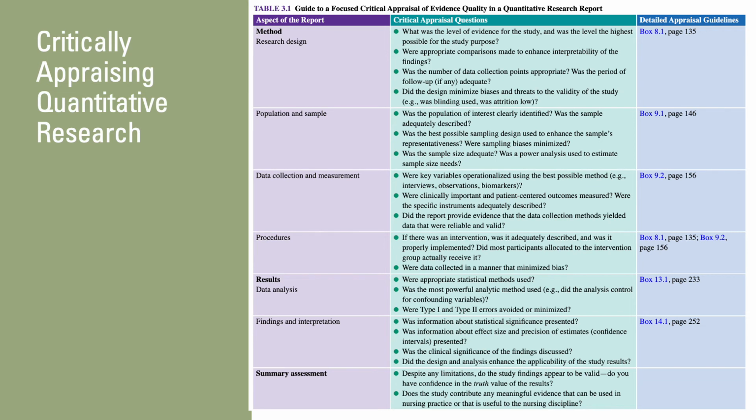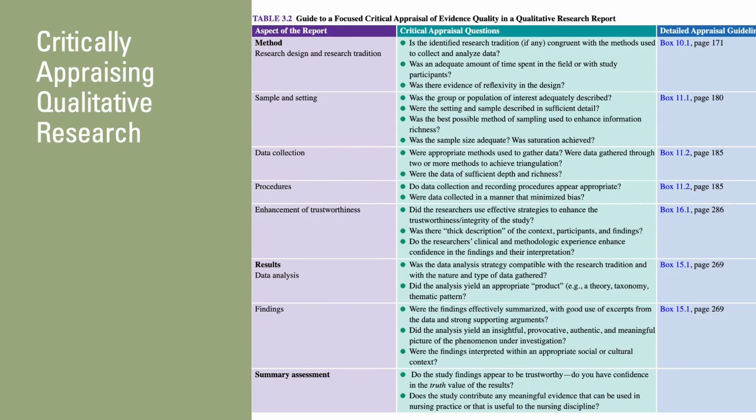So, to determine if the evidence supports the inference made by the author, you need to do these critical appraisals in the process of this course. Next, let's think about reliability. And so, here is another table, 3.2, and you will notice that this is for qualitative studies.